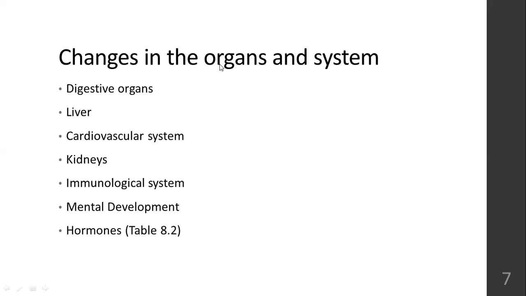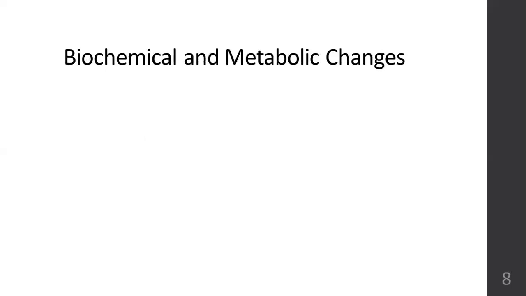Page number 165 for those who have the new textbook. You can just go through the different names of the hormones and what happens to them. Arrow marks are given, up and down. So what happens to that hormone while the person is malnourished? So far, is it clear to all?